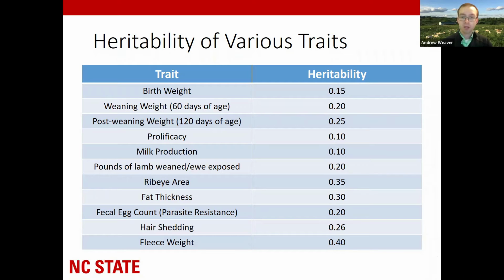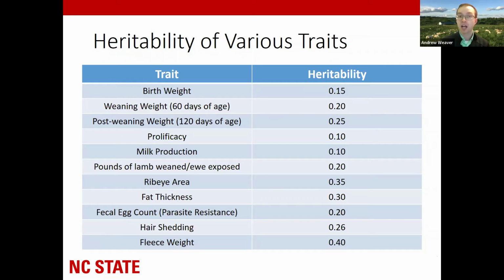Only about 10% is genetic. The carcass traits like ribeye area and fat thickness are highly heritable traits, 30 to 35%. Parasite resistance falls in that moderate category, about 20%. And our fleece traits, our wool traits, are actually our most highly heritable traits, upwards of 40 to 50% heritability. So by and large, the vast majority of what we observe in an individual's performance is a result of environment.